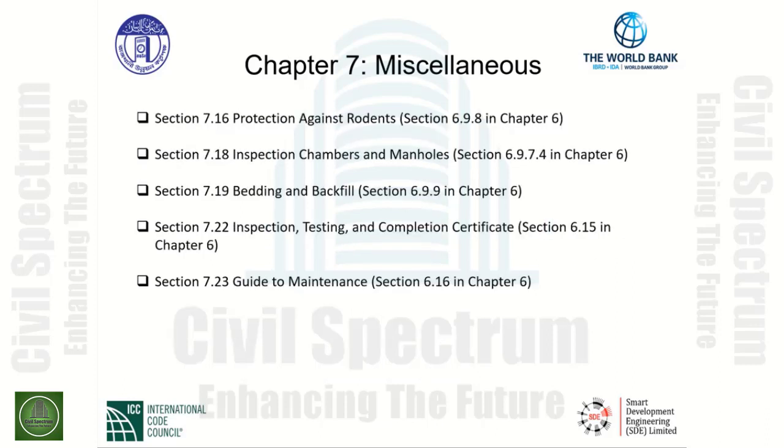Continuing our list, in Section 7.16, Protection Against Rodents, Section 6.9.8 was referenced in Chapter 6 for rodent protection. Section 7.18, Inspection Chambers and Manholes. We have a reference to Chapter 6, specifically Section 6.9.7.4.